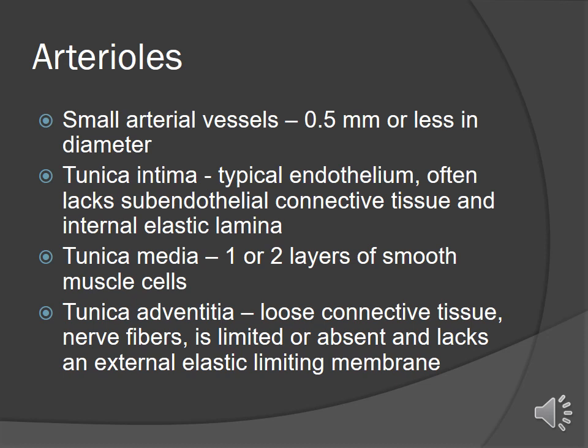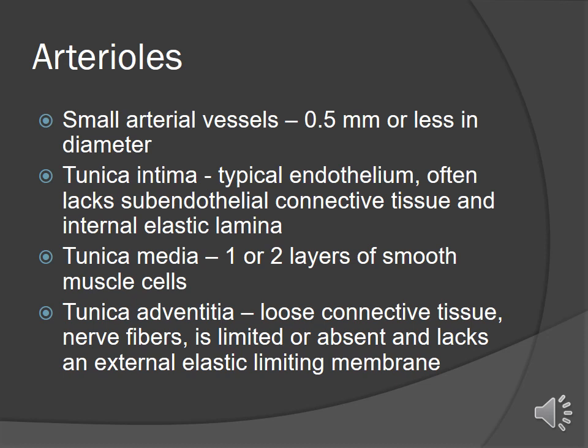Small arteries and arterioles are distinguished from one another by the number of smooth muscle cell layers in the tunica media. Arterioles are the smallest arteries, leading blood flow into the capillary network.